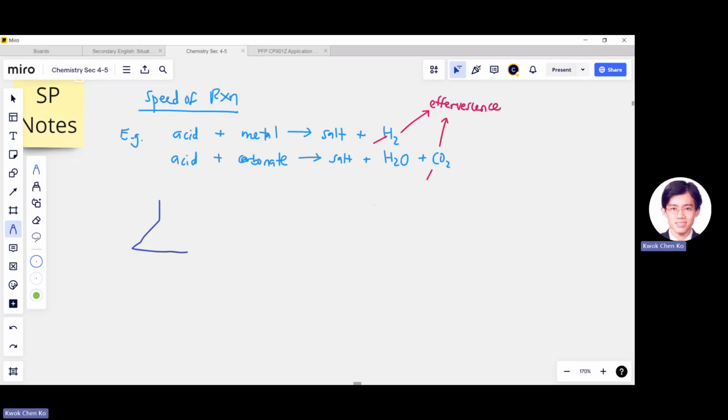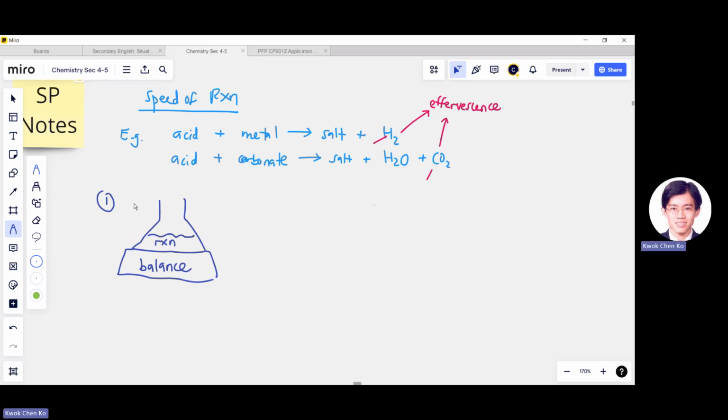The reaction occurs in a flask. What is the one? Conical flask. So the first method, reaction is in the flask. The first method is to place the flask on the weighing scale, weighing balance.